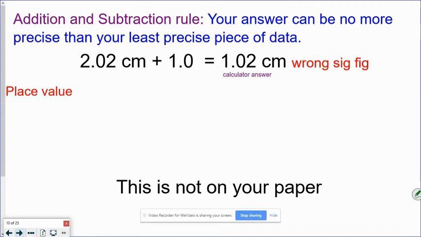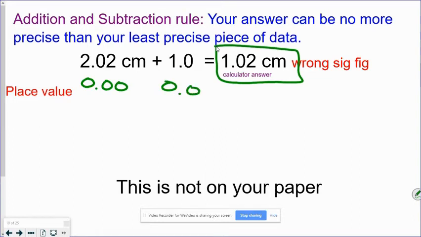Punch it into your calculator. You should get this on your calculator, but it's the wrong number of sig figs. This one goes to the hundredths place, and this one goes to the tenths place. So our answer can only go to the tenths place. So 1.0 centimeters would be our overall answer.